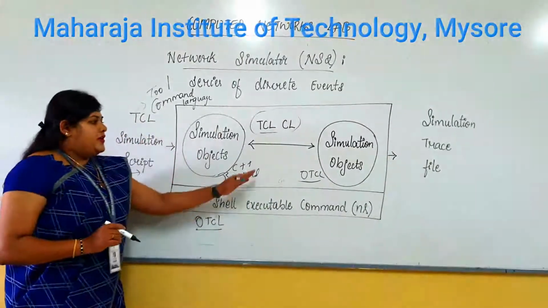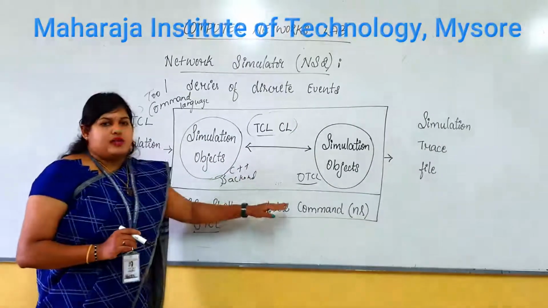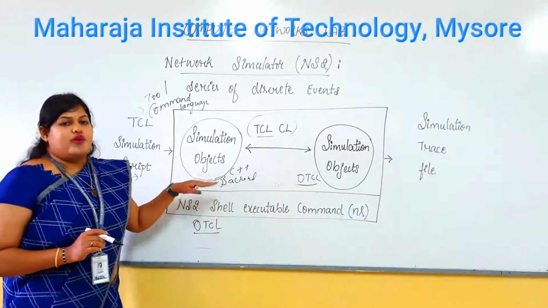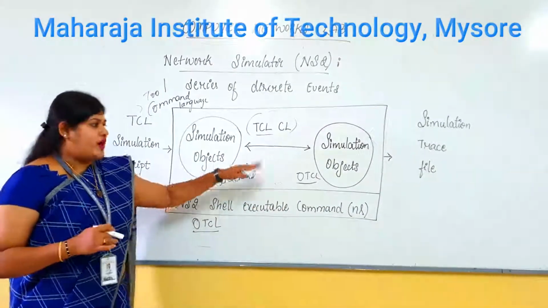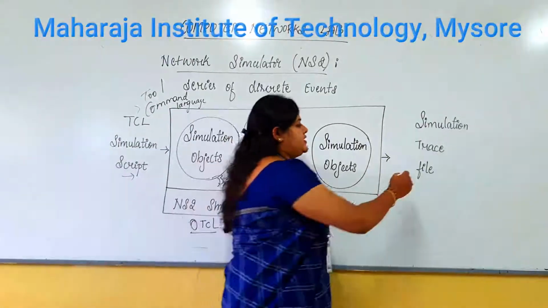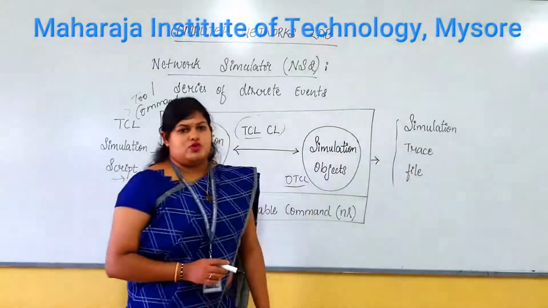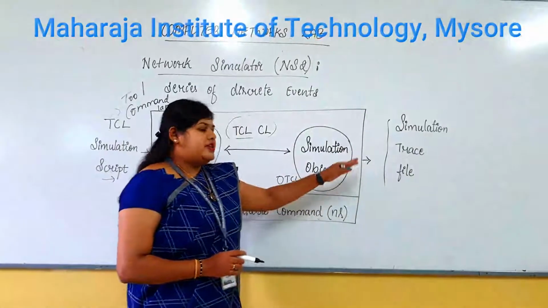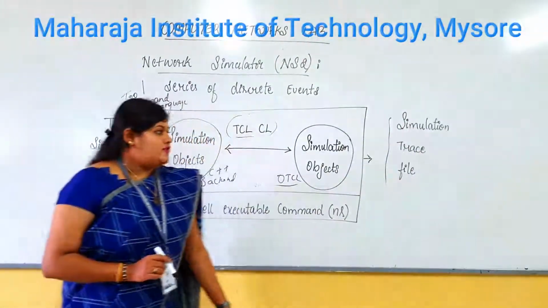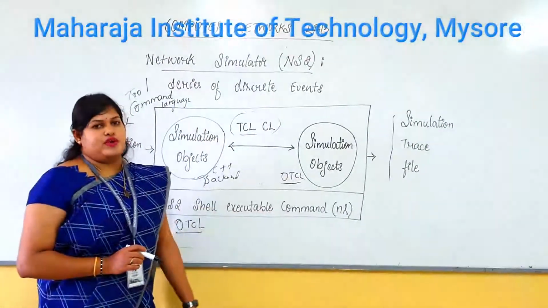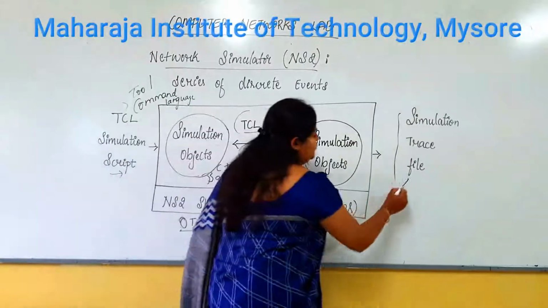So once it does the required shell executable command, we should see the output files. In which manner the output file will be given is all about the simulation trace files. So we will see the output of the required files in the form of a simulation trace file. The trace files will be of two types.